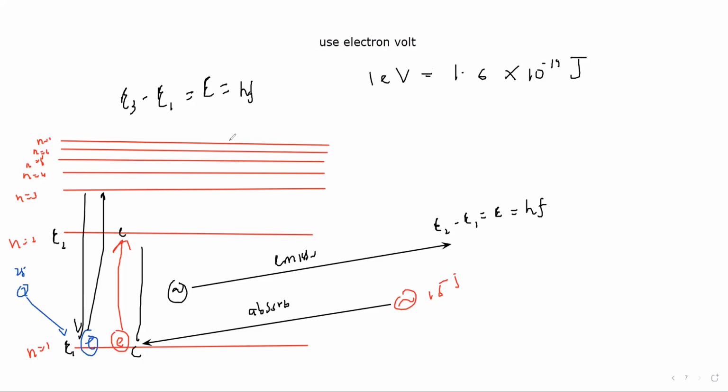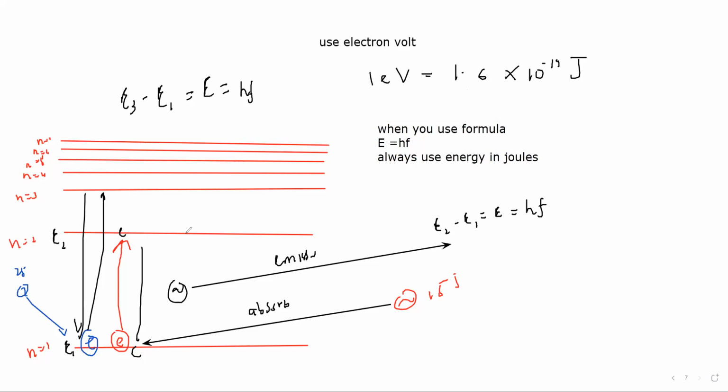But when you use the formula E equals hf, always use energy in joules, because the Planck constant value 6.63 into 10 to the power minus 34 is constant when the units are in the SI system, the international system of units.